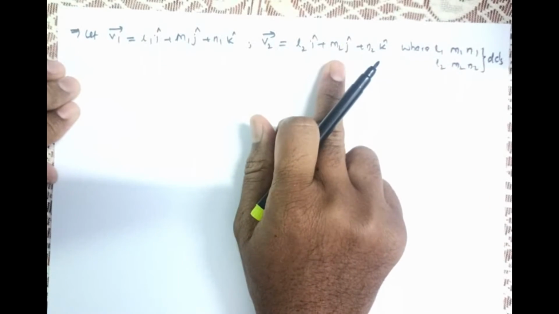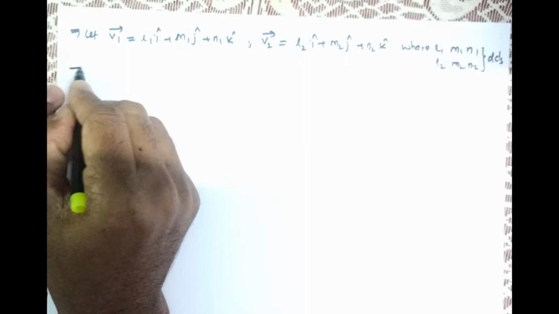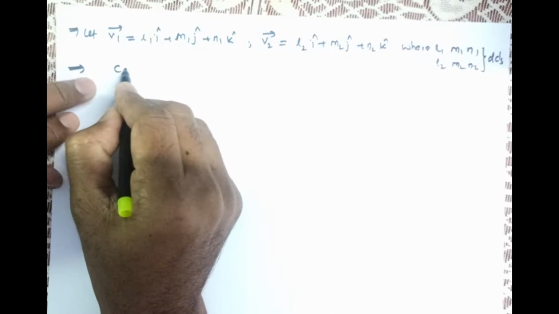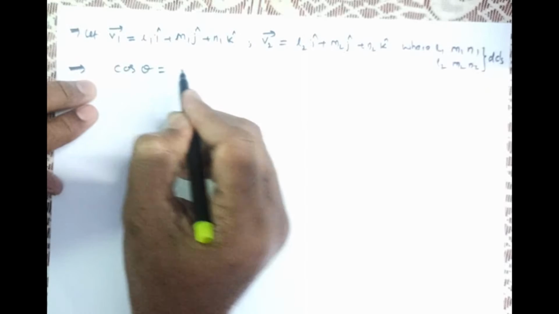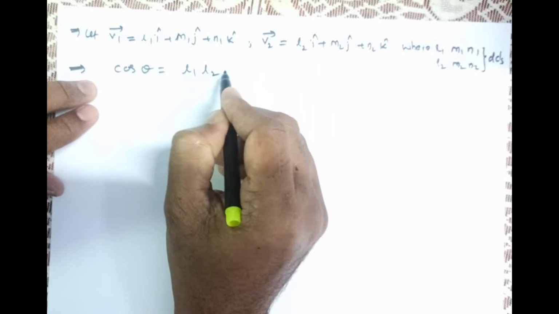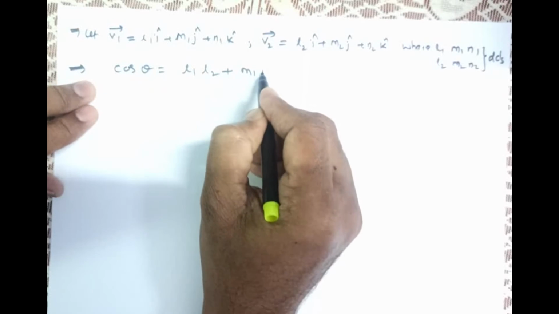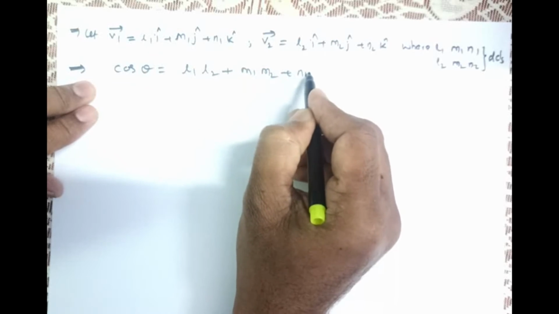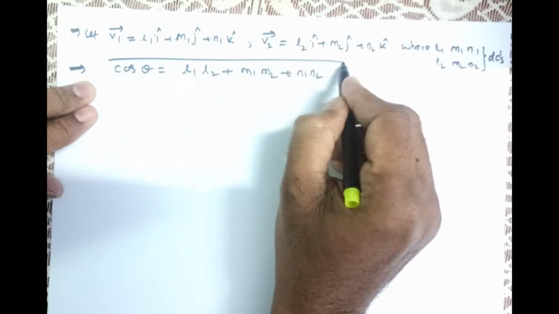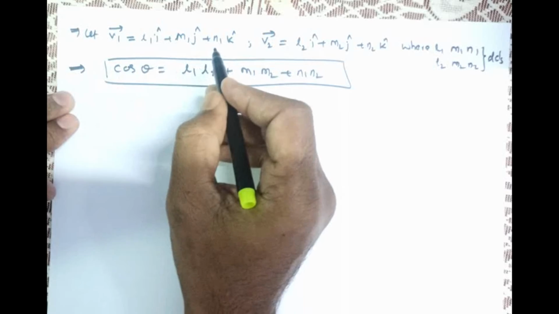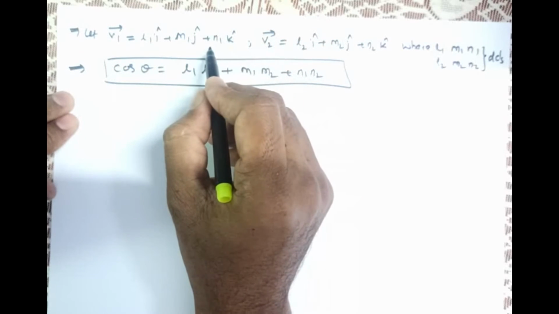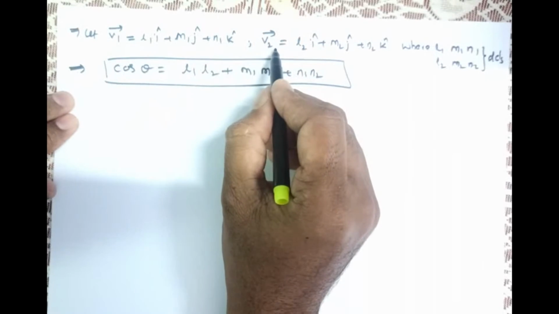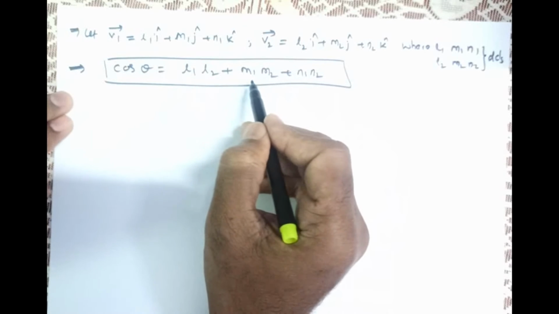Then the angle between these two vectors is given by cos theta equal to L1 L2 plus M1 M2 plus N1 N2. If you apply the dot product between V1 bar and V2 bar, then we will get this answer.